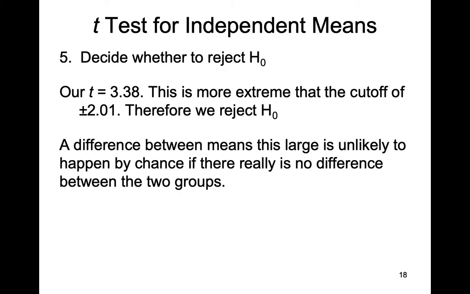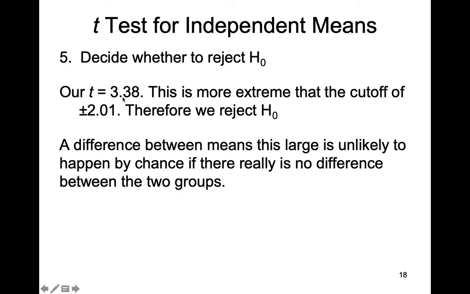So again, under the null hypothesis, we're predicting that those means are equal, and therefore when we do a random sampling process, we expect that within some amount of error, those means are going to be the same. Well, what we're seeing is that the difference between those two means is too large to say that it is within the accepted range of error under the null hypothesis.